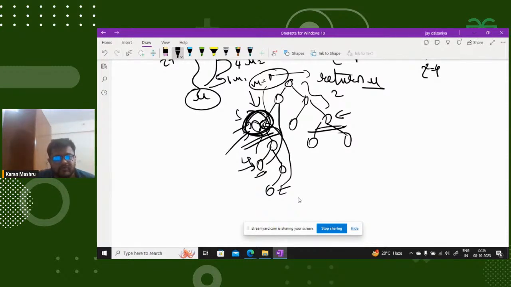Now both of them have come to the same level. So I will see if the parent at a distance 2 power I is same for both of them, I will not make that jump.